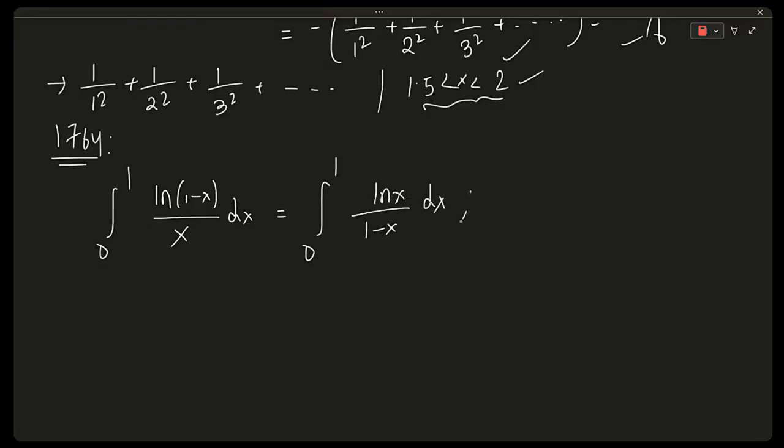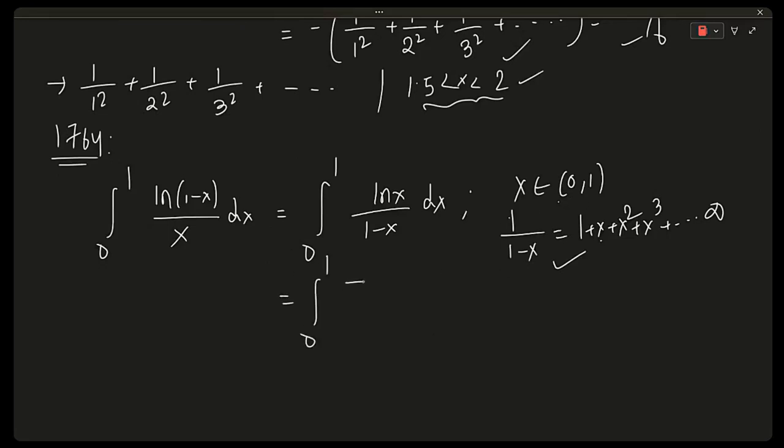Now notice that x belongs to 0 comma 1, and therefore 1 by 1 minus x can be written as 1 plus x plus x square plus x cube and so on. This is valid as x belongs to 0 to 1, since the common ratio x is within the limits for this infinite geometric sum to converge, which means I can write the integral from 0 to 1 of the summation n equals 0 to infinity of x to the power n into ln of x dx.